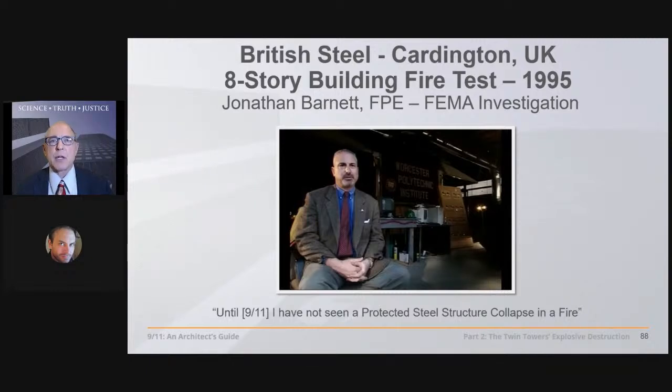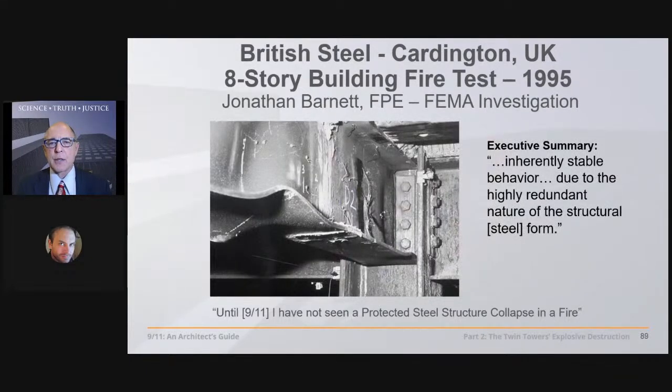So this alone is cause for a new investigation. And the results of this study indicate that the connections do not fail in massive fires, even with unprotected steel. This is extremely important. There's some warping of the beams, and that's to be expected, particularly in unprotected steel.